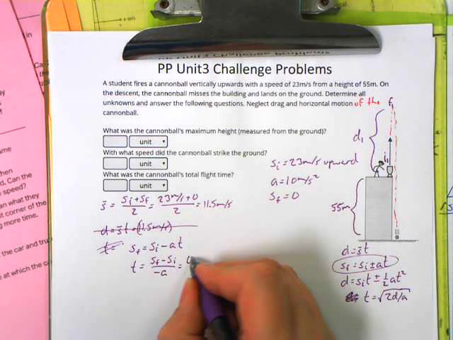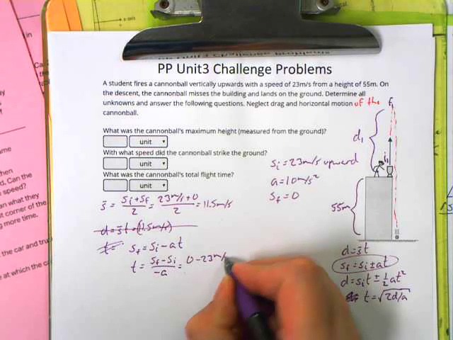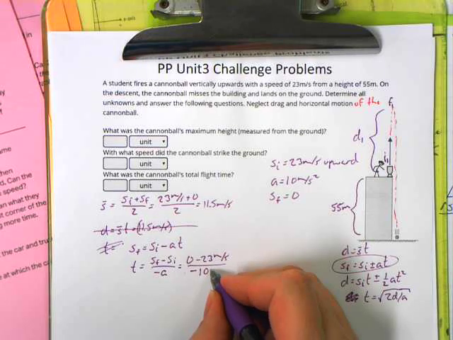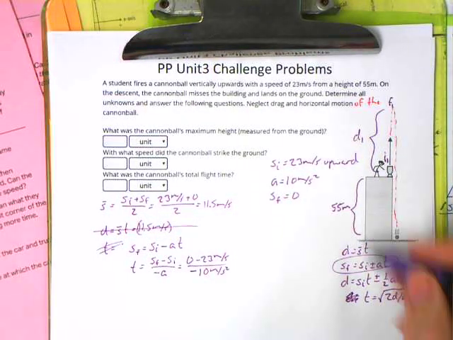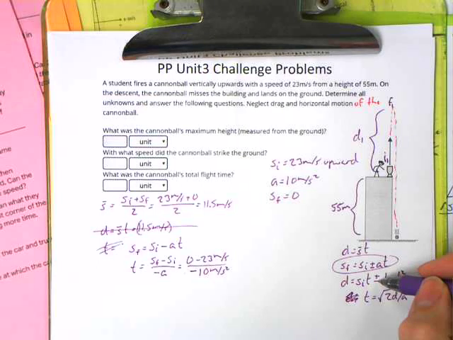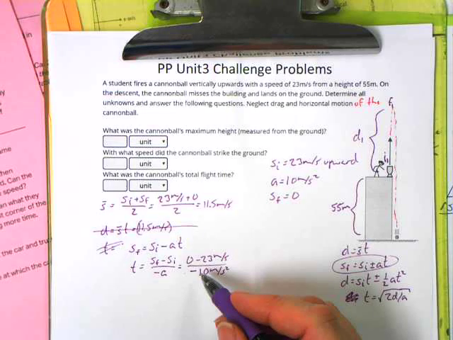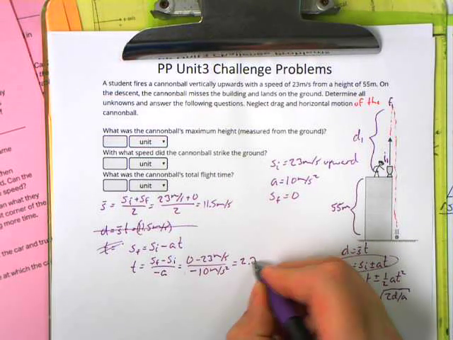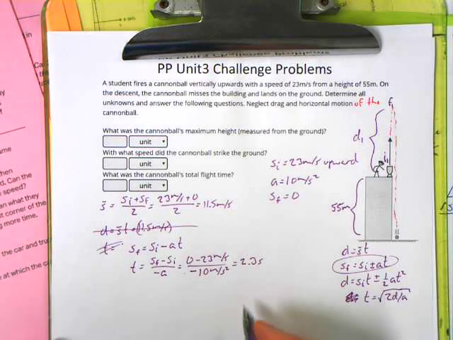Final speed is 0. Initial speed was 23 meters per second. The acceleration is 10 meters per second squared. Remember, the way they're doing it, the plus or minuses takes the place of the positive or negative values for the acceleration. So we end up taking 2.3 seconds to get up to the top part.